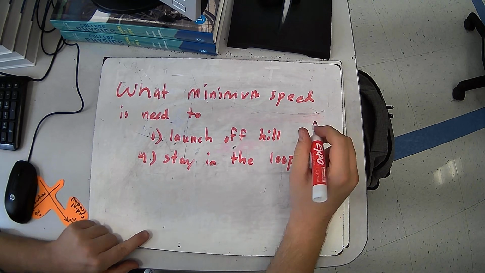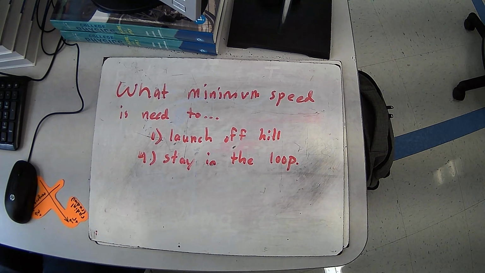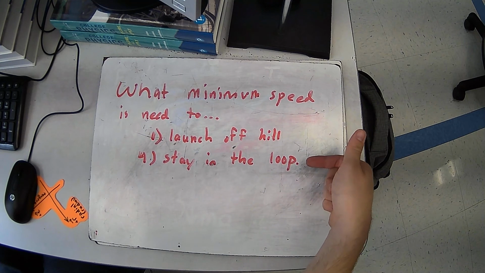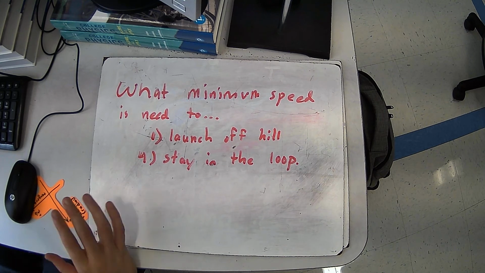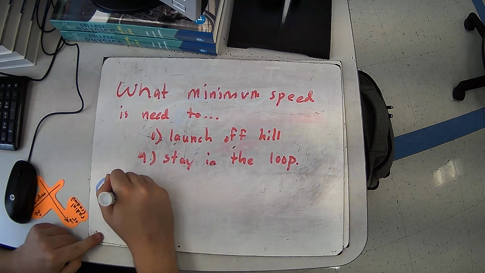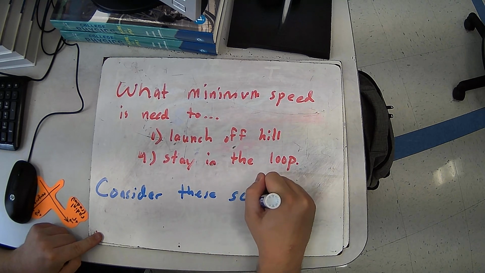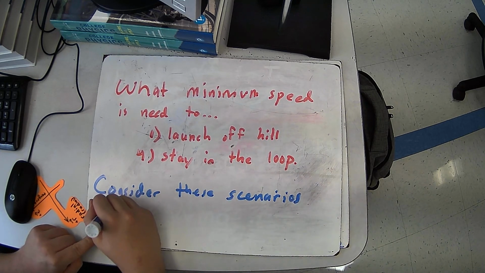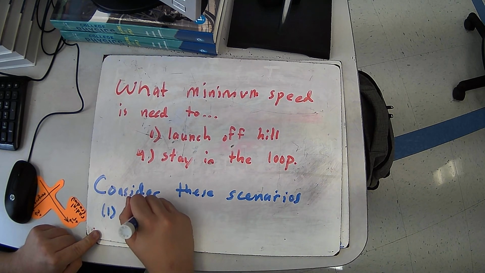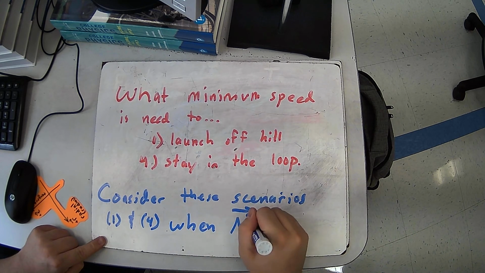Either way, the way you answer the question is the same, which is launching off the hill or just barely making it around the loop means that we have lost contact with the surface. So we consider these scenarios, specifically scenarios 1 and 4, when the normal force is equal to 0.